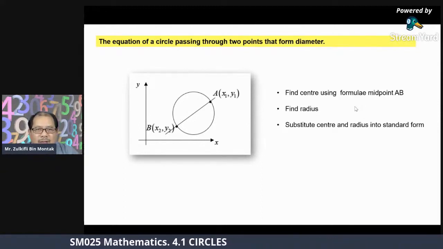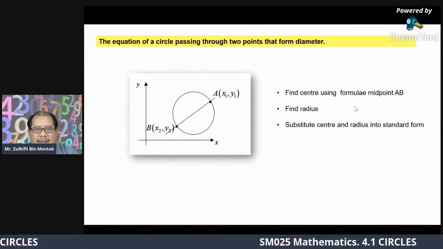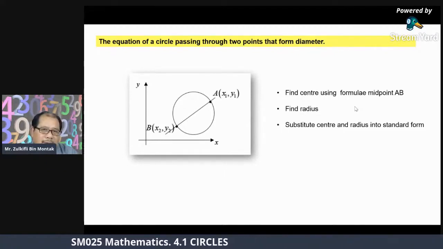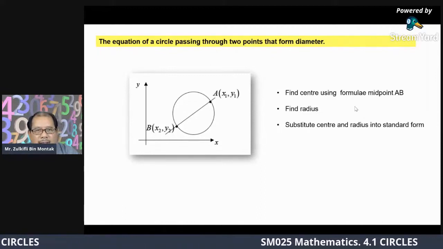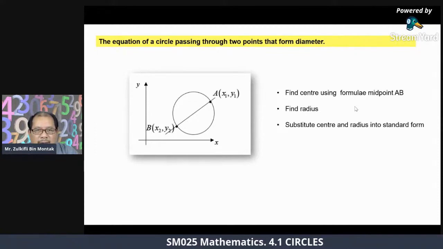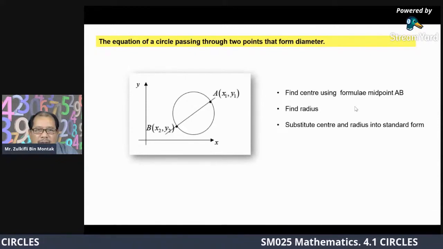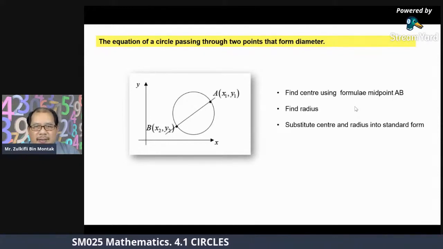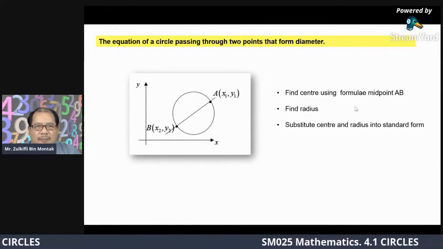First, find the center using the midpoint formula, because the center must be the midpoint: A and B lie on the circle and AB is the diameter, so the diameter passes through the center. Then find the radius. Next, substitute the center and radius into the standard form.